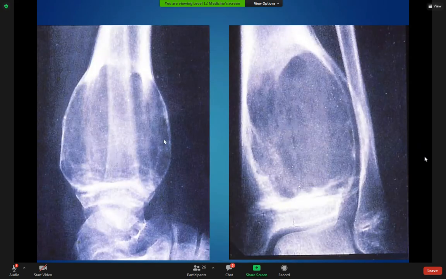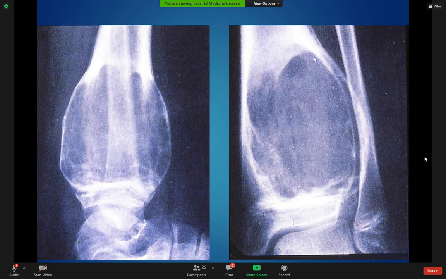As you can see here, this is an aneurysmal bone cyst. But if you say this is a huge tumor or huge lesion, some people might think this is malignant. But if you apply the rules of malignant and benign tumor, you can see very clear borders. You can see the inside of the tumor is very organized.